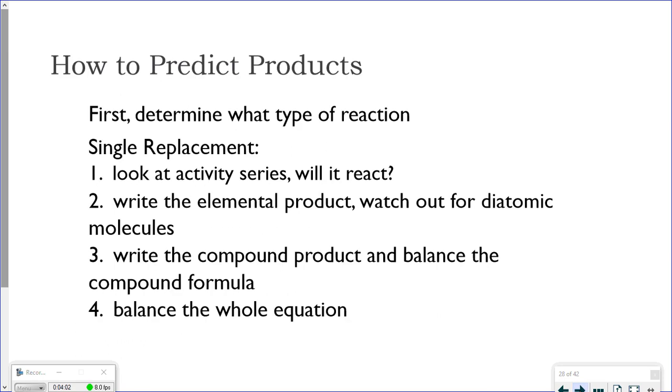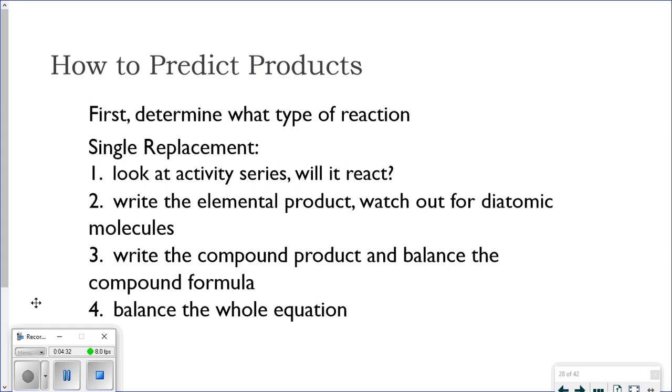So let's look at how we're actually going to predict products. Once you realize that it is a single replacement reaction because you have an element and a compound, you need to look at the reactivity series to see if the switch can actually occur. So remember that the metal by itself needs to be higher on that list than the metal in the compound.